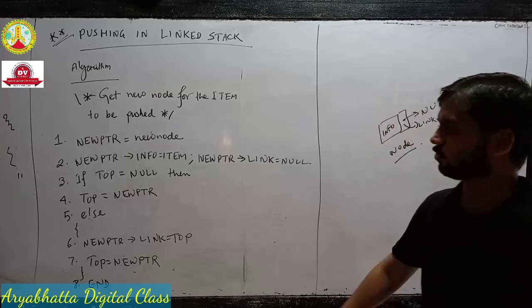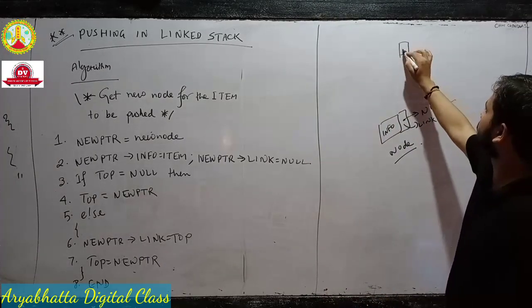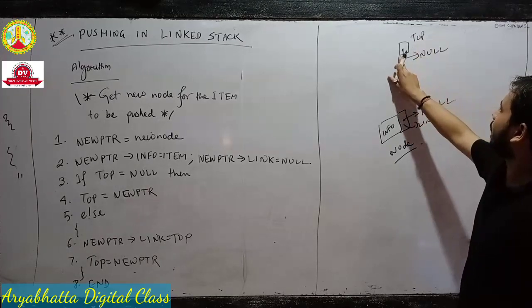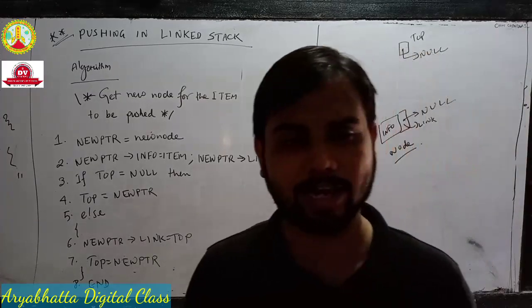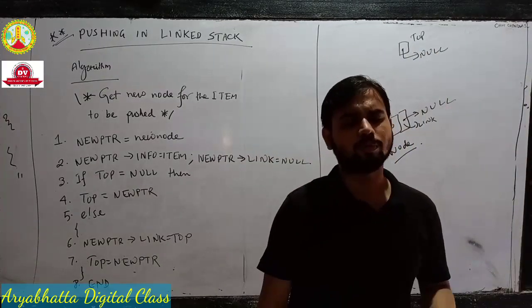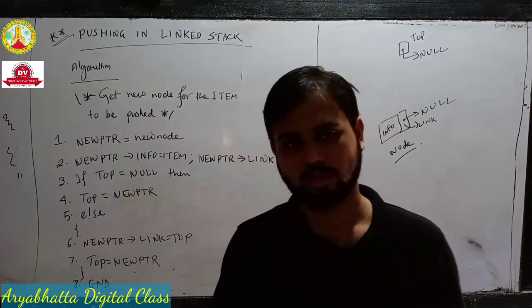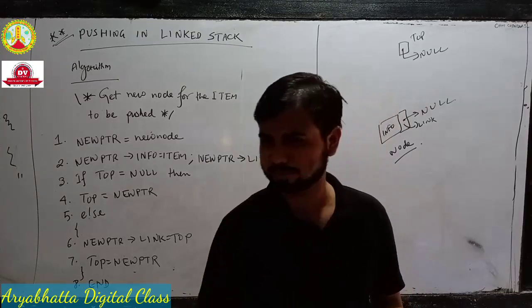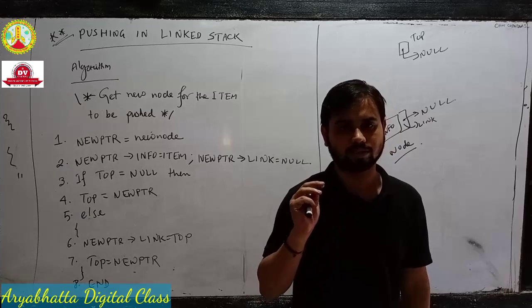Okay, see, if top is equal null means what? Suppose your list is this. Means in algorithm, we have to study all possible conditions, all possibilities. Like if list is empty, if list is full, like that we have to study all the possibilities.